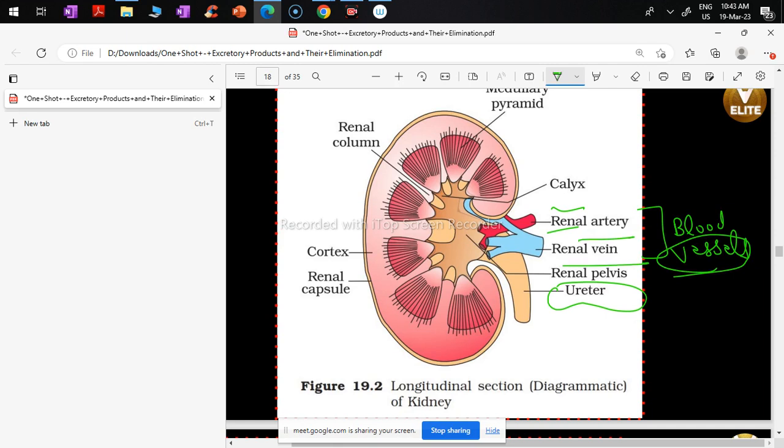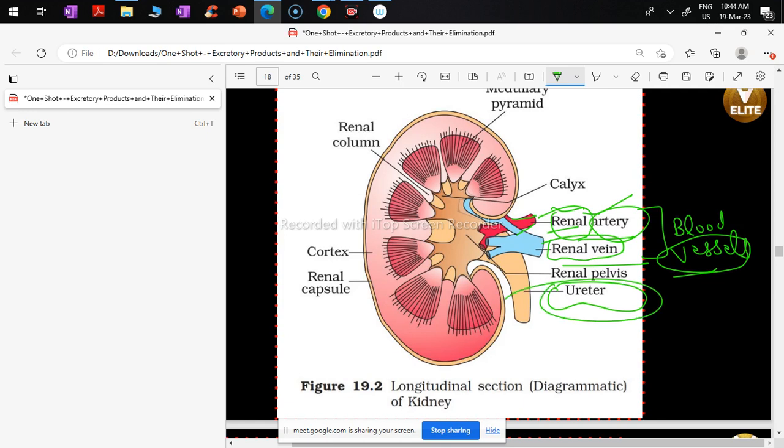The artery associated with the kidney is the renal artery. The word renal we use in case of kidney. The renal artery carries oxygenated blood, shown in red, and the blue colored one carries deoxygenated blood, that is the renal vein.